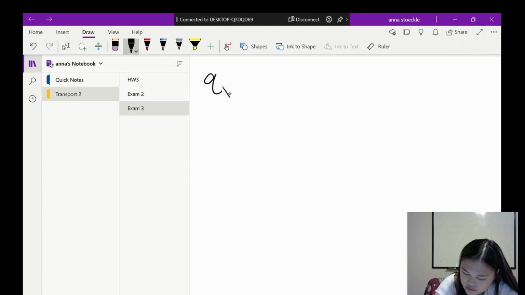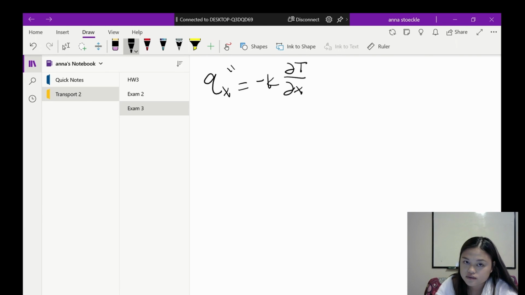Here we have that heat flux, and then we have this thermal conductivity coefficient over this temperature gradient in relation to distance in the x direction.